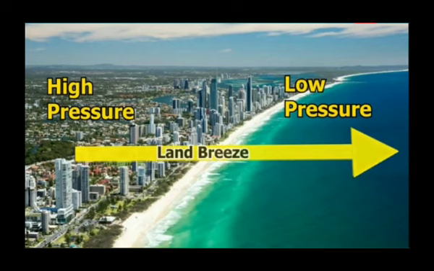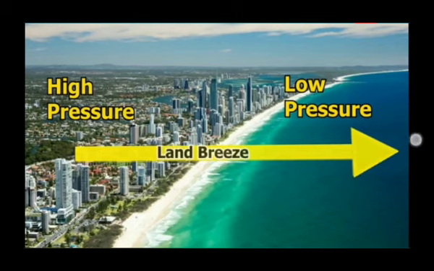Because of the land breeze and sea breeze, a moderate climate is developed. As the distance from sea increases, the moderating influence of sea also decreases and people experience extreme weather. It would be very hot during summer and very cold during winter.